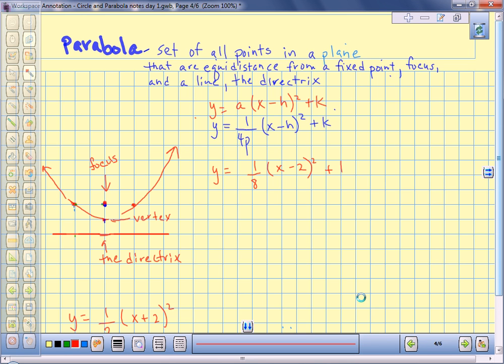The distance from the focus to the parabola and the parabola to the directrix is always congruent. So, focus to parabola, parabola to directrix, always congruent. And what the animation does is show you all the way around that those match up. So that's the definition.